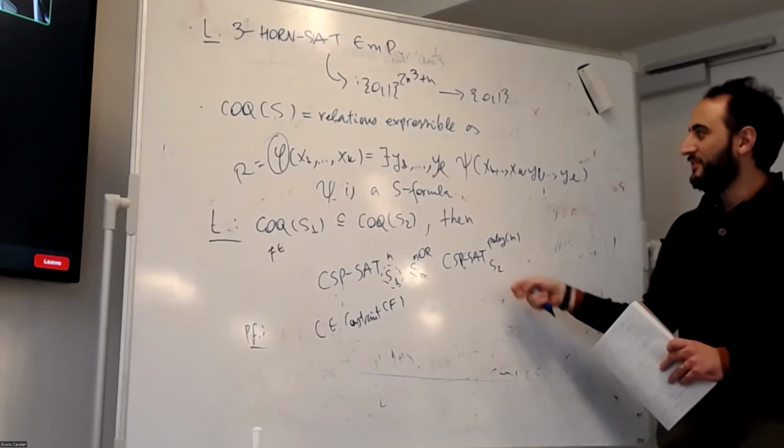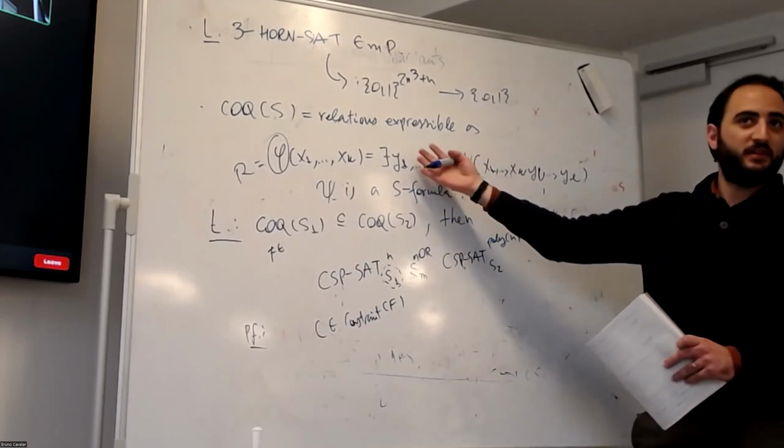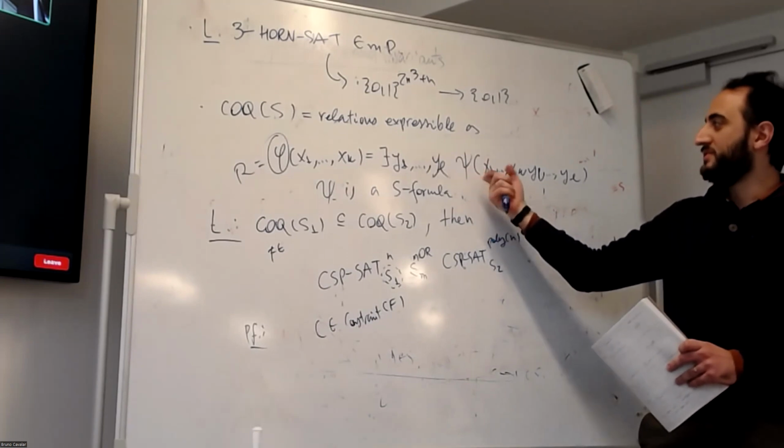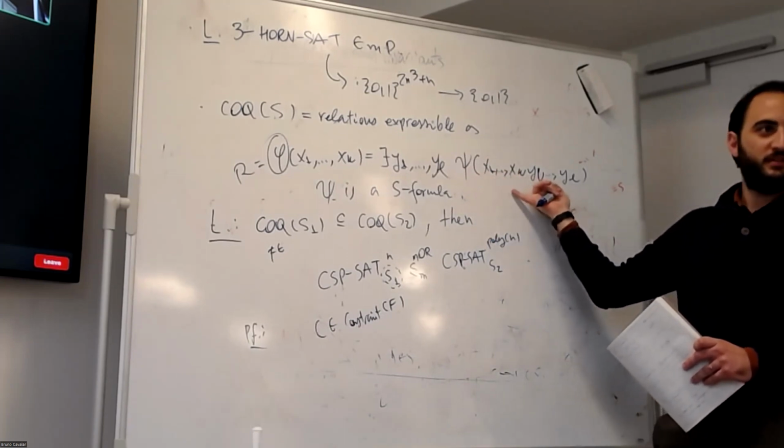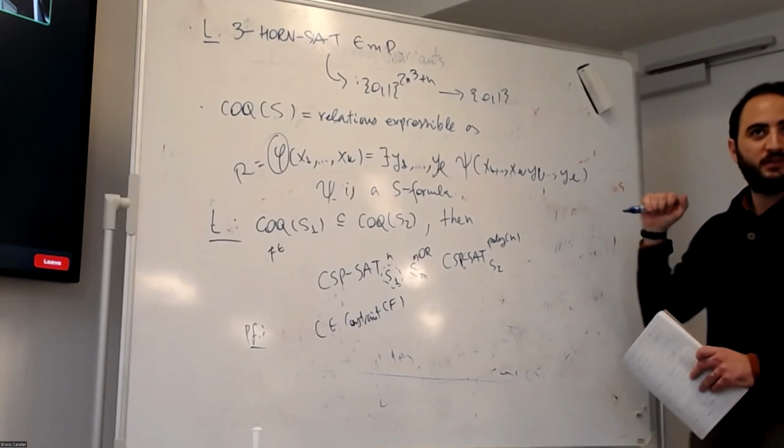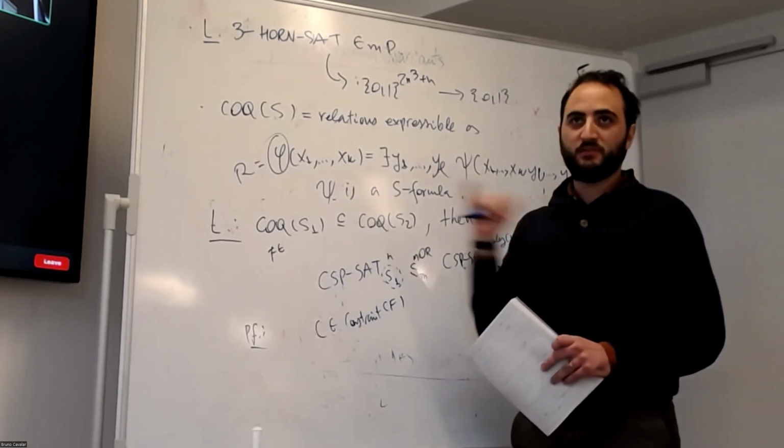And then you can simply erase the existential quantifier and just put this very constraint here that you know exists because of this containment.